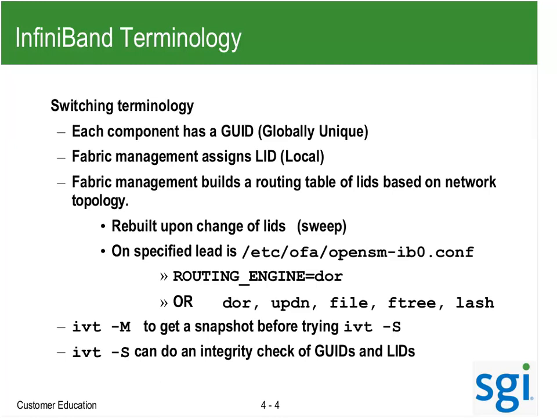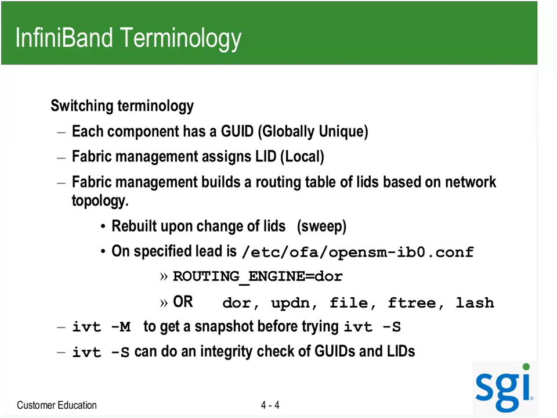If something goes down, if there are problems in the fabric, there could be a sweep of the fabric by the OpenSM daemon, and this routing table rebuilt, and LIDs can change. Now, not every lead node is going to be running this, but it's configurable. In the ITSI OFA, there is an OpenSM ib0.conf and an ib1.conf, and in there are the various routing engines depending upon what your topology is like. And a lot of this is now hidden by the GUI.